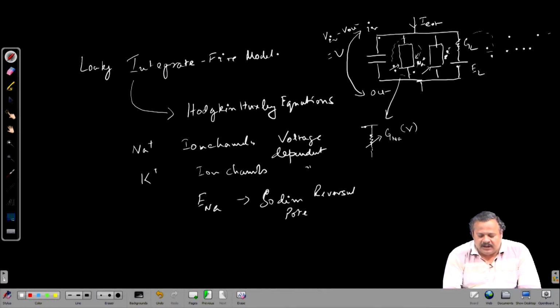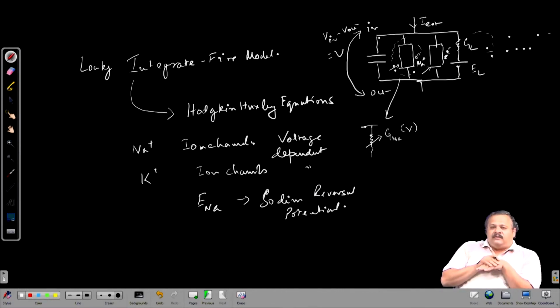Just to recollect what we had studied early on in this course, if the membrane potential V is at E_Na, then there will be no net sodium ions flowing through the membrane. Also, if the voltage is different from E_Na and there are paths for sodium available to flow through the membrane, then the sodium will flow in such a direction that the voltage is pulled towards E_Na.